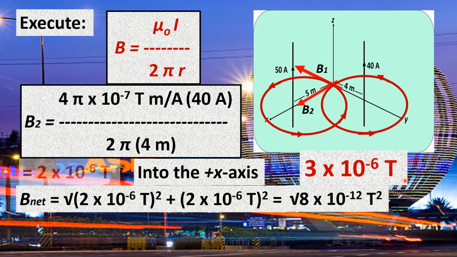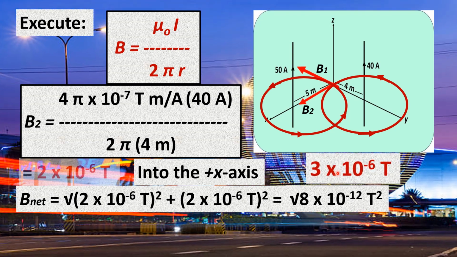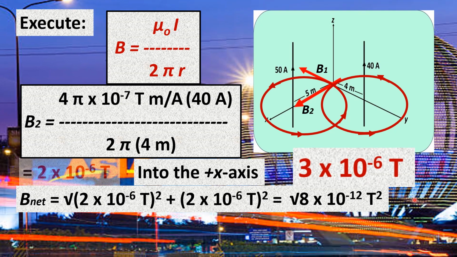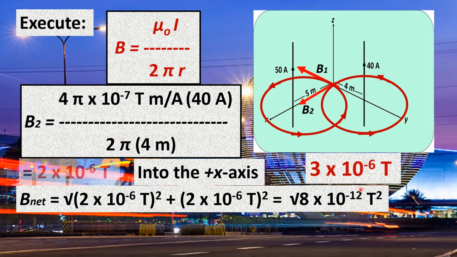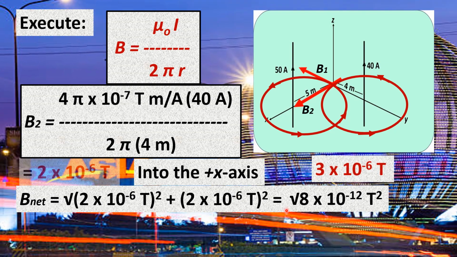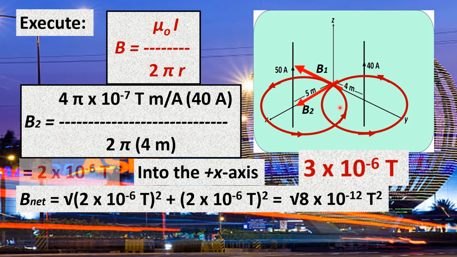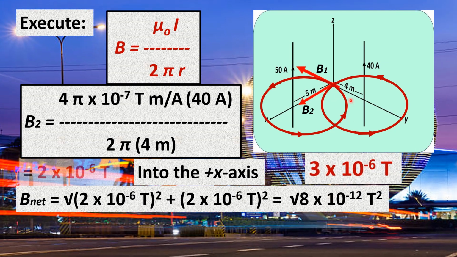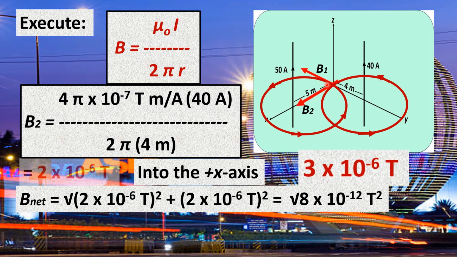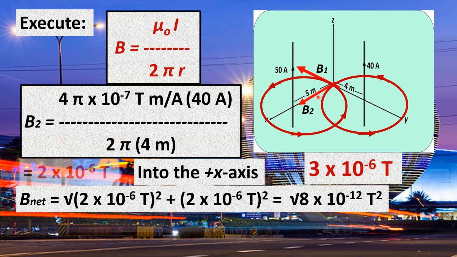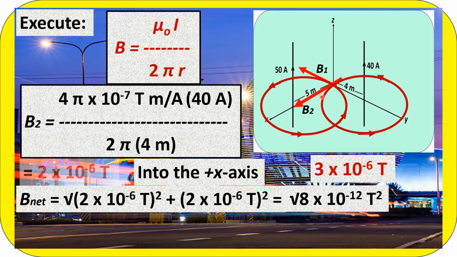That is what the question required us to determine, just the magnitude of the net magnetic field. Already shown in the figure are the directions of magnetic field B1 as well as magnetic field B2.